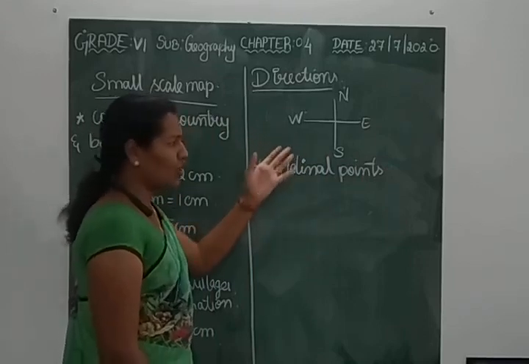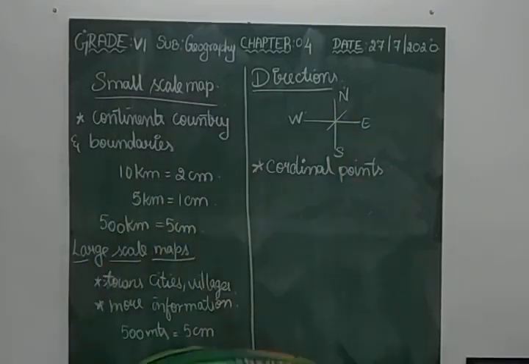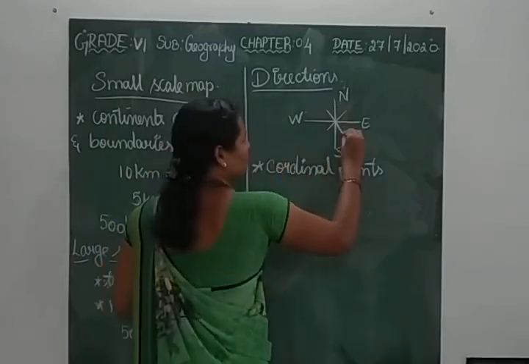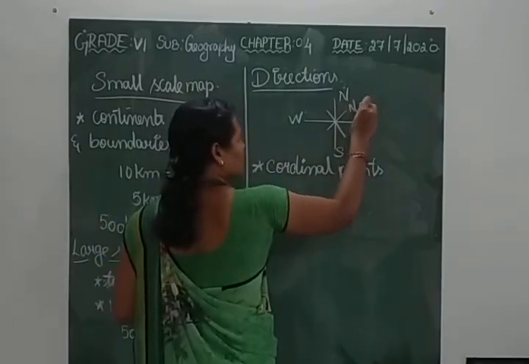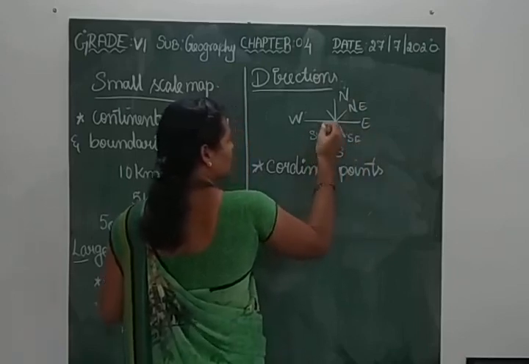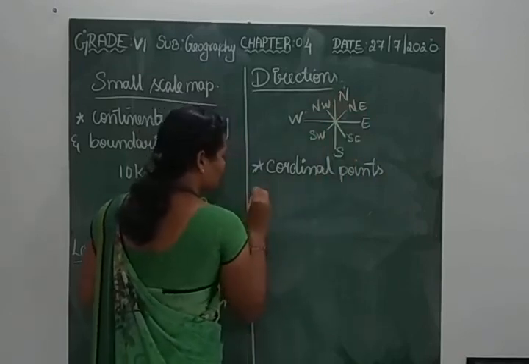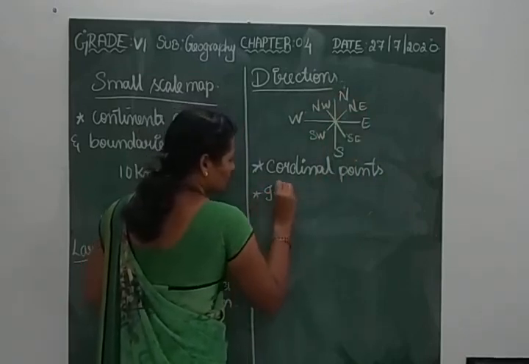And the other 4 directions are the intermediate directions: northeast, southeast, southwest and northwest. These 4 directions are called intermediate directions.